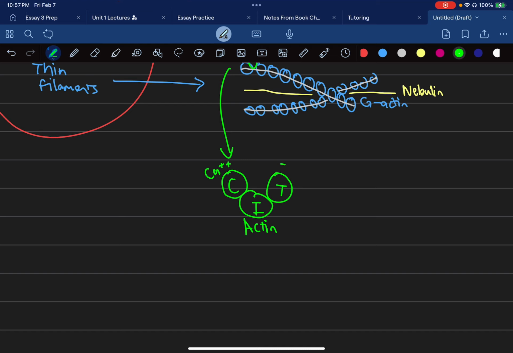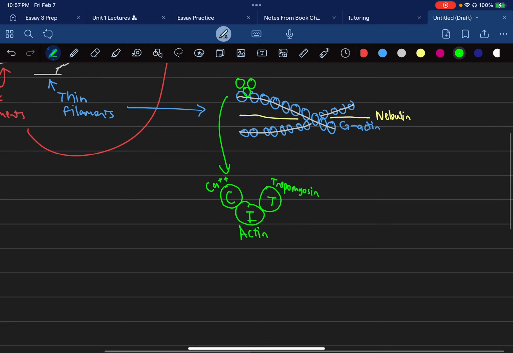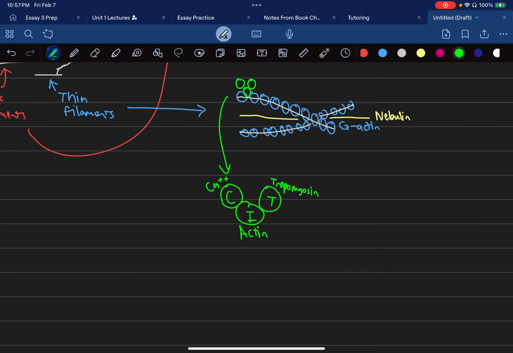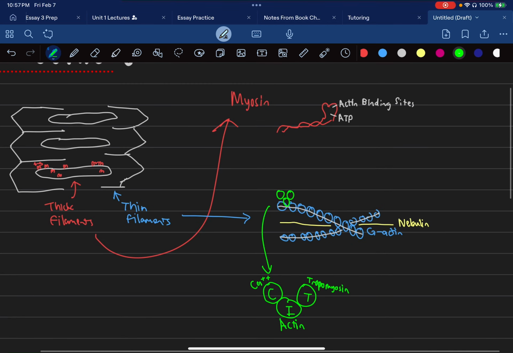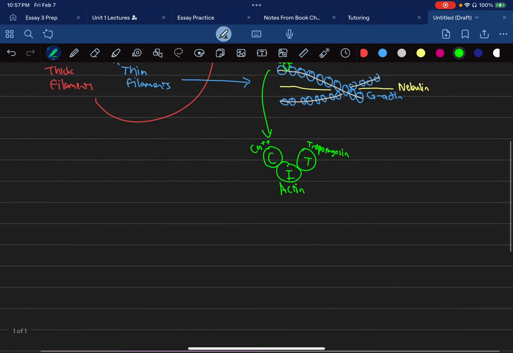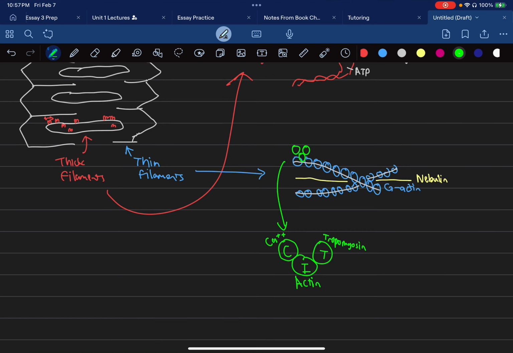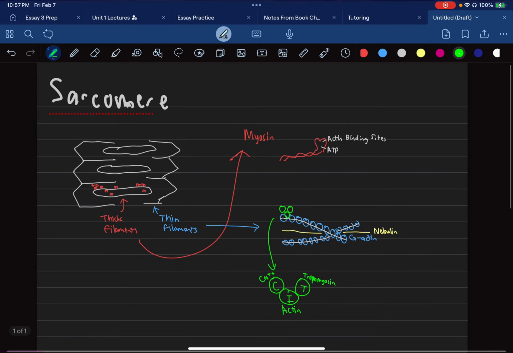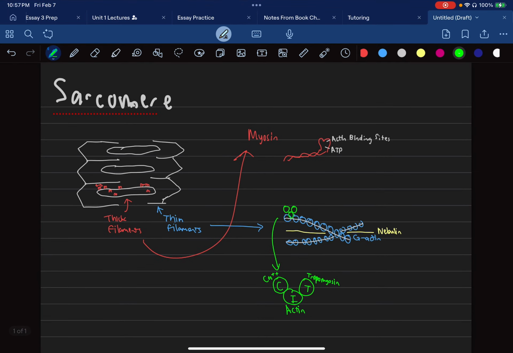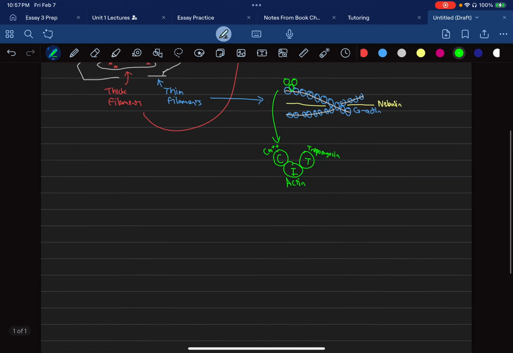And then the T is going to be binding to tropomyosin, and that's what's actually going to be lifting the tropomyosin off of the actin so that the myosin head is able to bind to the actin. So that's what's going on at a molecular level of both the thin and thick filaments. It's all about myosin binding to that actin.